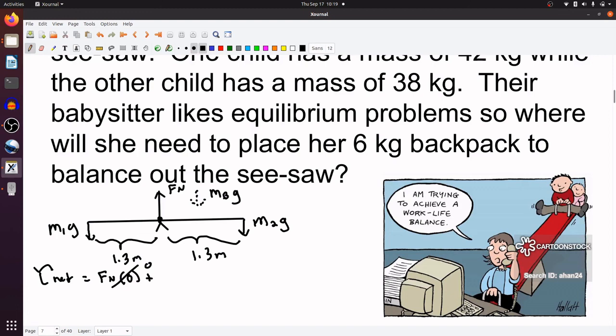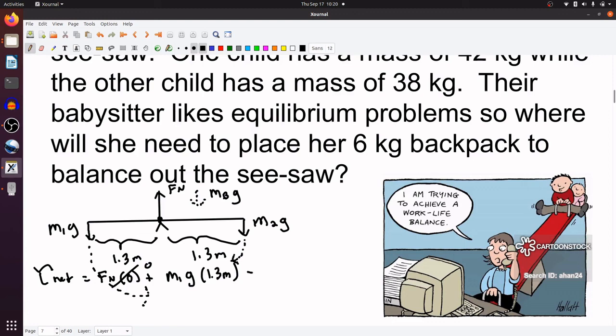We will have M1G, and I'll leave some room, just in case I need to make it negative, times its lever arm, and I'll go ahead and write 1.3 meters. And so M1G, if it rotates around here, would go in a counterclockwise fashion, so that's going to be a positive value. M2G, since it's on the other side, is clearly going to be clockwise, so that one's going to be negative.